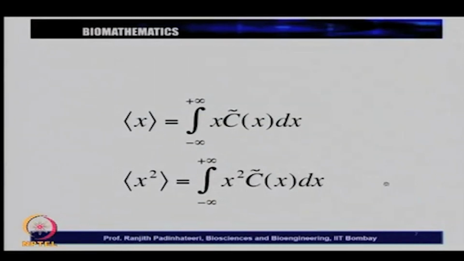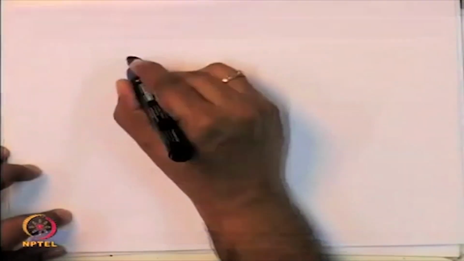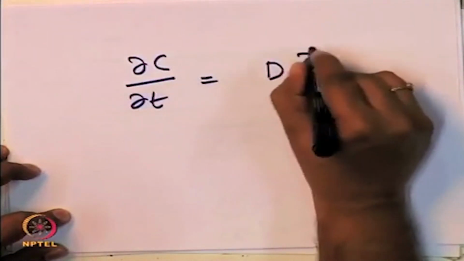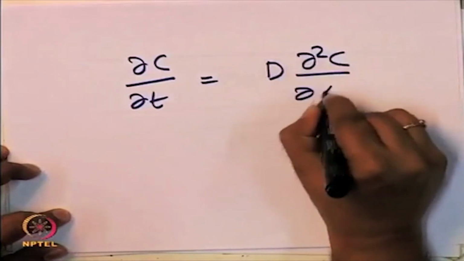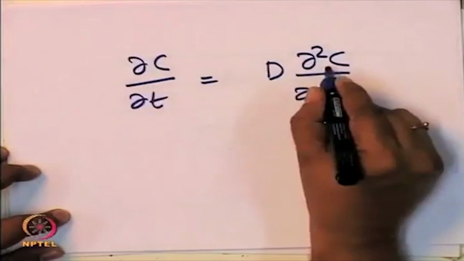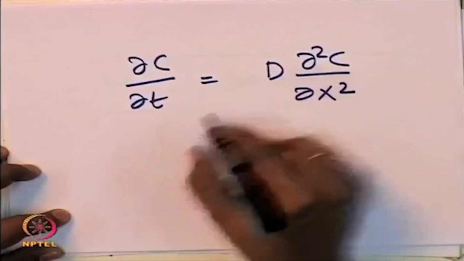Now, how do we calculate? We had this diffusion equation, which is del C by del t equals D del square C by del x square. I can divide both sides by C t. So, C by C t is C tilde.